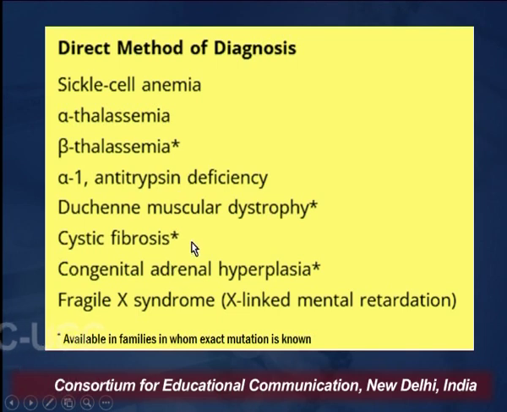Now, for DMD, cystic fibrosis or congenital adrenal hyperplasia, we need to know what kind of mutation is there in the gene. Then only it can be used for the direct method of diagnosis. If we are not sure what kind of mutation is present in the gene, then we cannot identify it by the direct method of diagnosis.